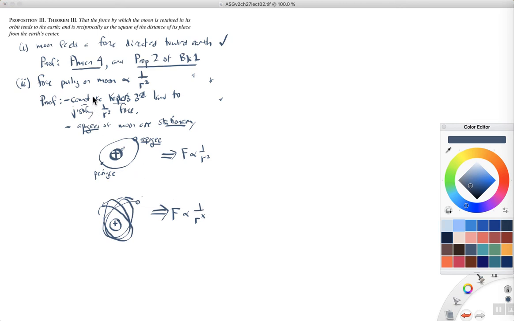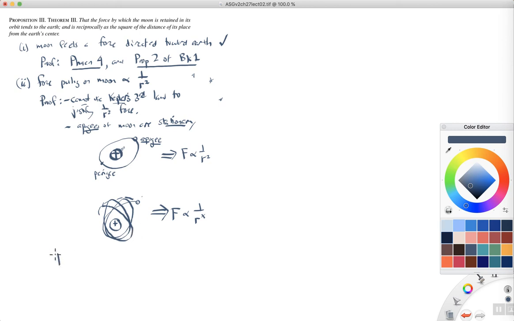So in the paragraph right after proposition 3, theorem 3, he explains that the force pulling on the moon must be a 1/r² force to a good approximation. And in fact, it deviates a little bit from 1/r², but he argues that is because not only is the Earth pulling on it, but the sun's pulling on it a little bit too, and he tries to make a correction for that.